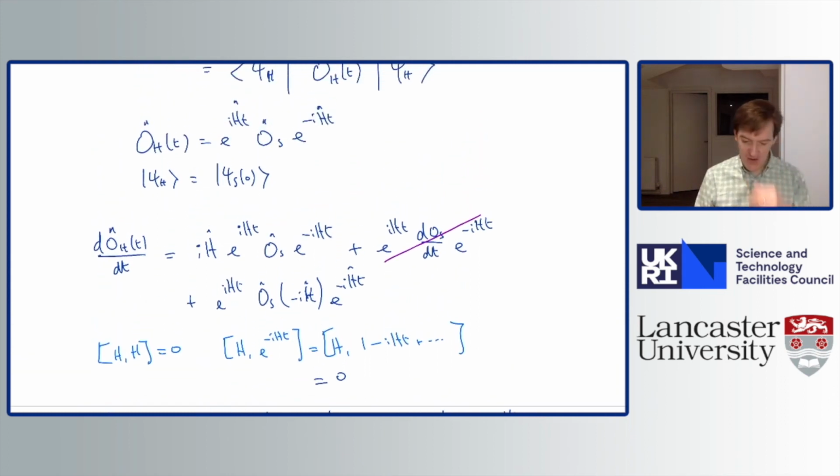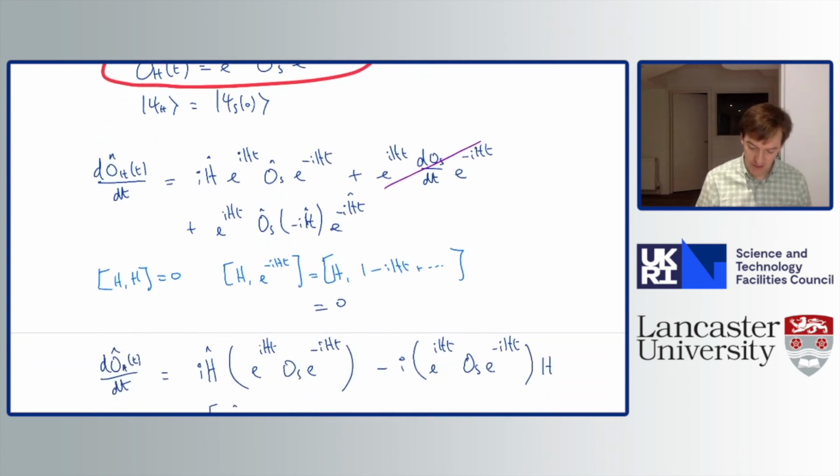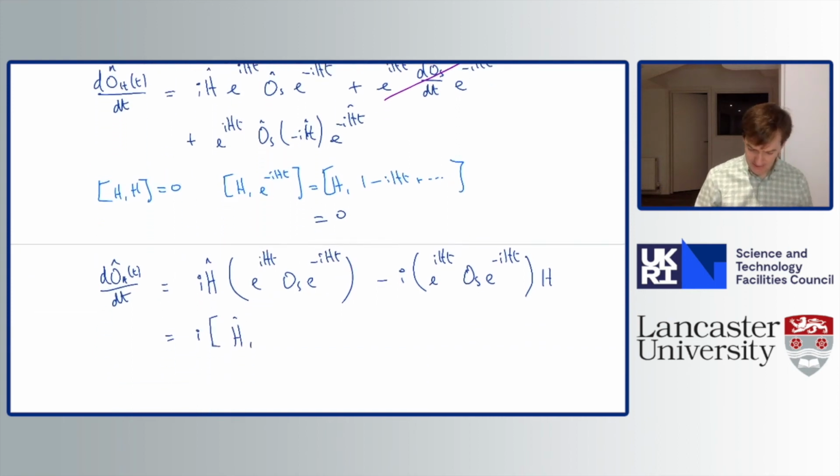But of course, you should recognize that this is just simply the definition of the Heisenberg operator. So this is just the Heisenberg operator in here. So in other words, the time evolution of the operator O_H is simply i times the commutator of H with O_H.